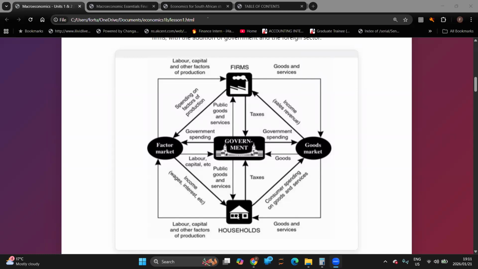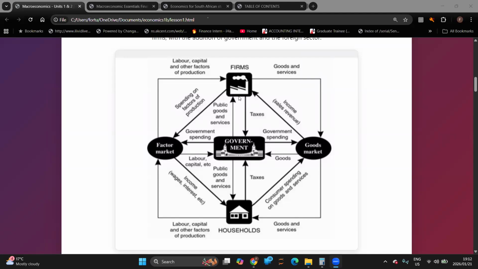As they interact, markets get formed, which we're going to explain. But before we get into that, let's understand who the households and the firms are. As we define these elements, we also need to understand what motivates these individuals to make economic decisions within a market. The first element that you have is the households.